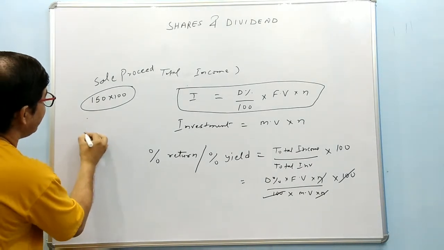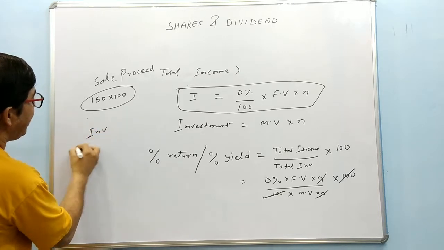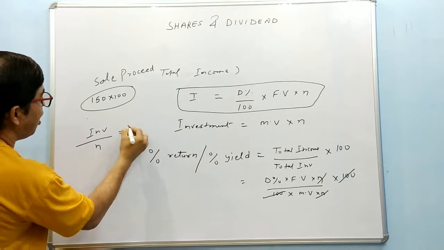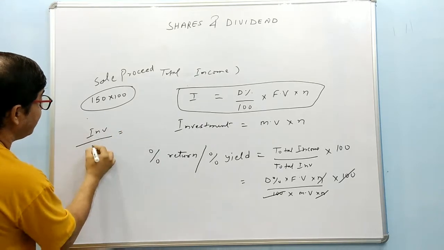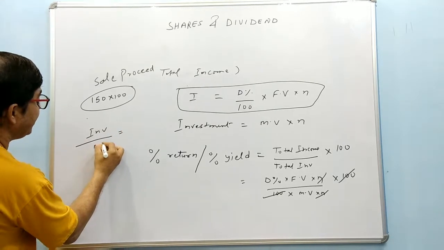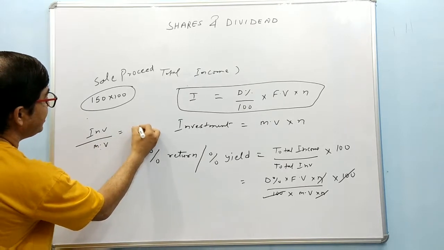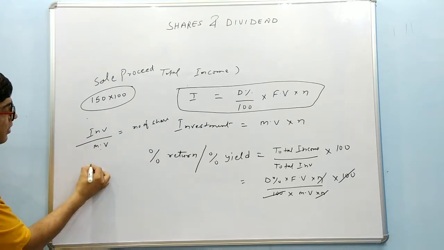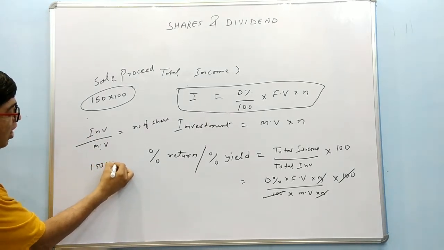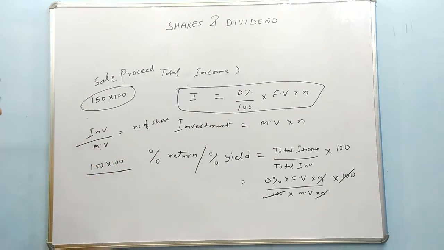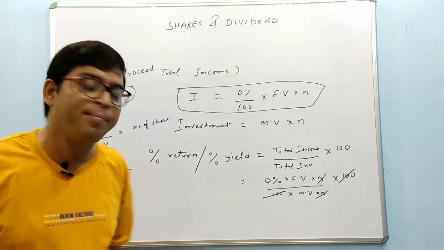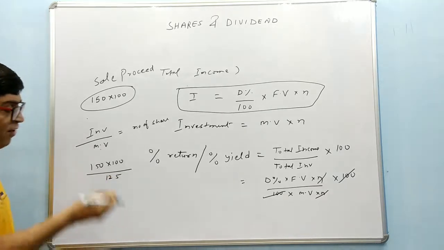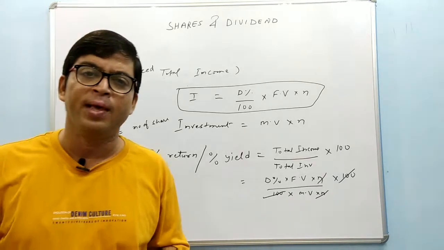Investment by market value is the number of shares I am buying. So investment here is 150 into 100, and if the market value of the second type of share is 125, I will get that many shares.